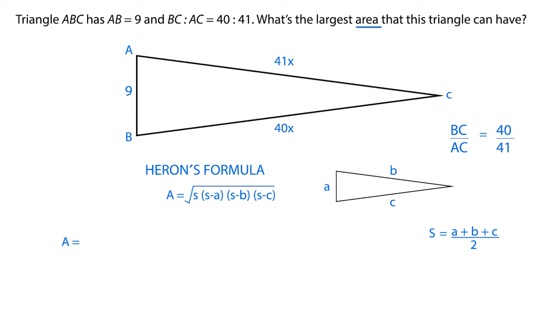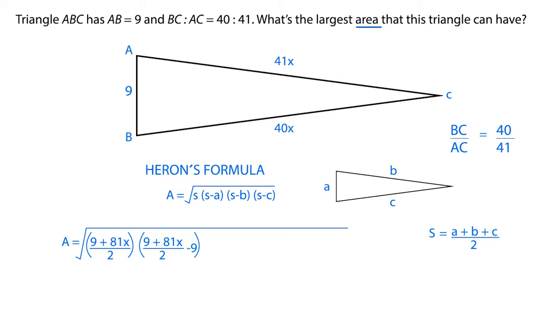So the area will be the square root of, first and foremost, s, which in our case would be 9 plus 41x plus 40x, which is 9 plus 81x, all over 2. This is our s. And then from this we have to calculate s minus a: (9 plus 81x) over 2 minus a, and I will let a be 9.